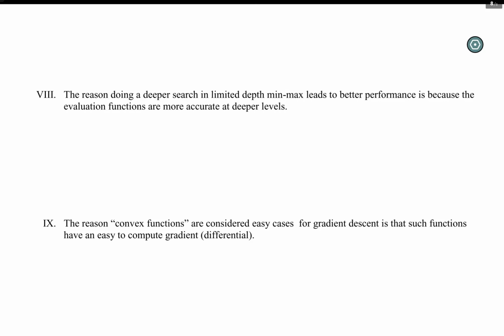So then the eighth question is straight from the lecture. The reason for going deeper is because as you go deeper you might see traps, and the traps will essentially ensure that the backed up value is better than what the evaluation function is telling us, right? So that's ultimately what happens. It's not that the evaluation function is becoming more accurate, it's just that you see traps. Okay, so the answer is false.